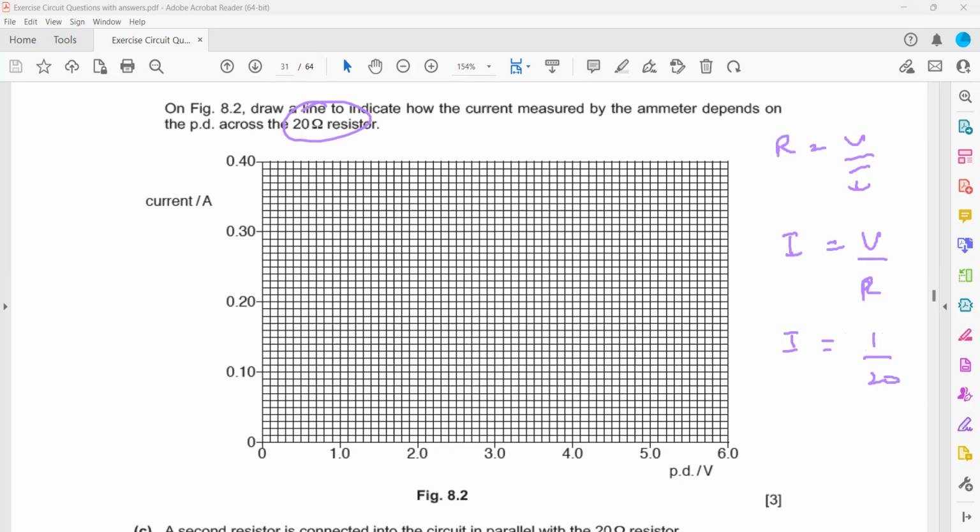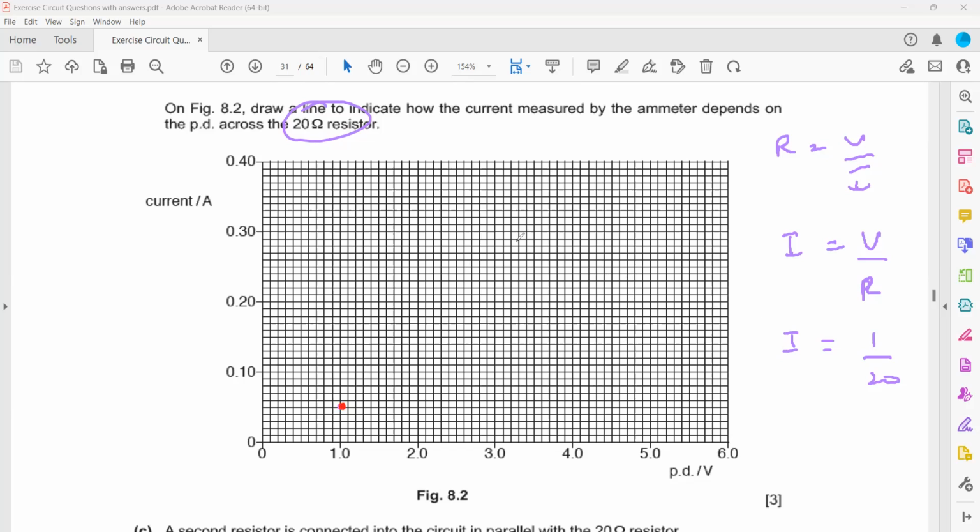So 1 divided by 20, how much is the current? 0.05. Each division is 0.01, so 0.01, 2, 3, 4, and 5. So this is 0.05. This is the first value.